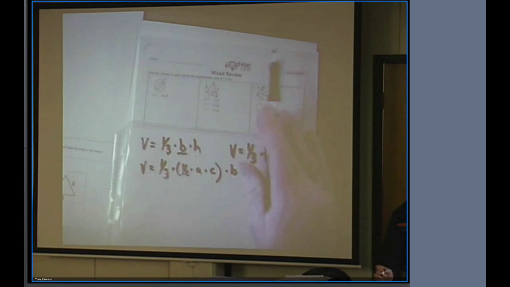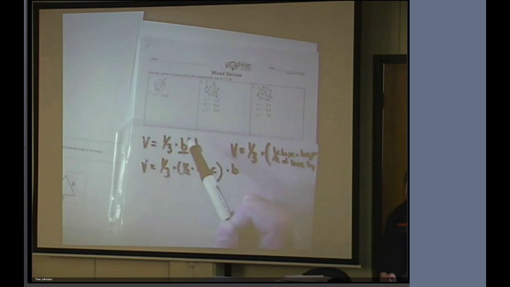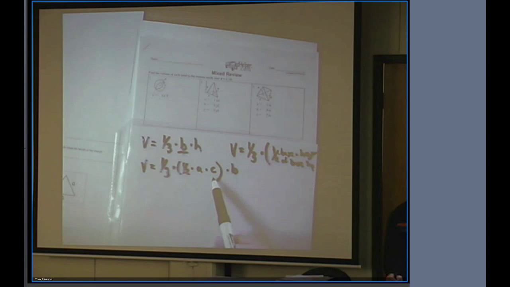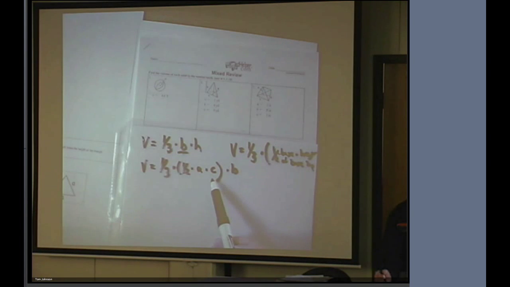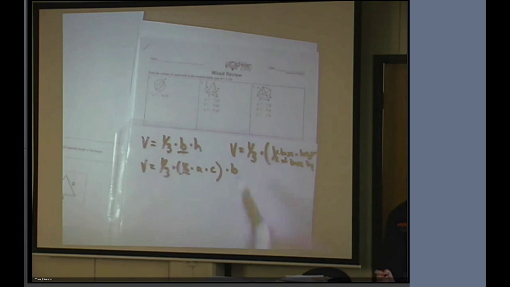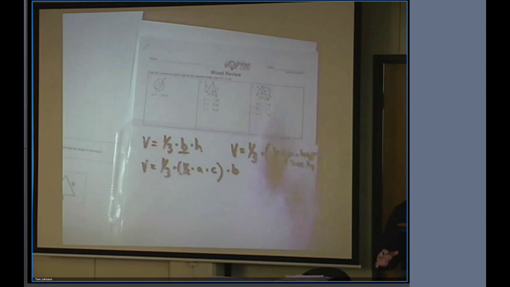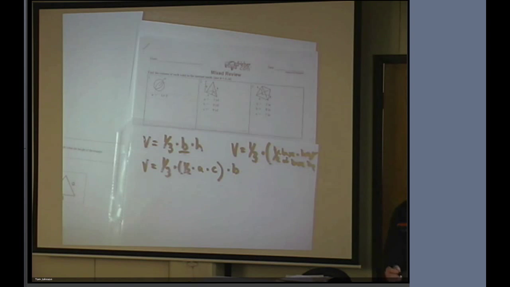And what I've done is I've looked at this triangle and said, okay, the base of my base is the C. The height of my base is A. So I plug those in. And then the height of the overall pyramid in that diagram is B. So I've just plugged the variables in for that equation. Next step is we're going to plug in the values for each of those.